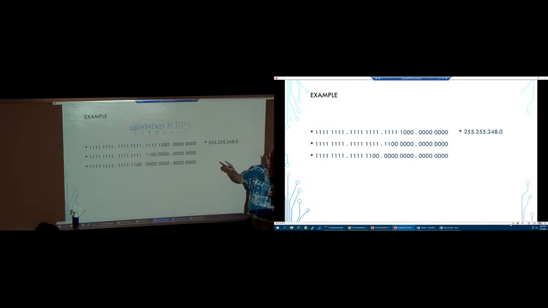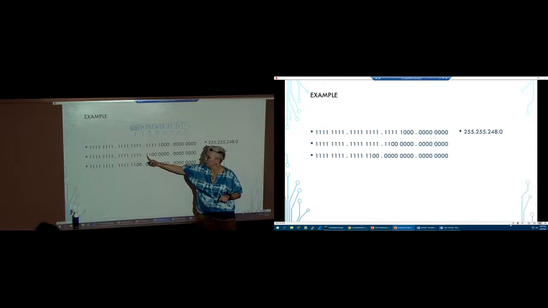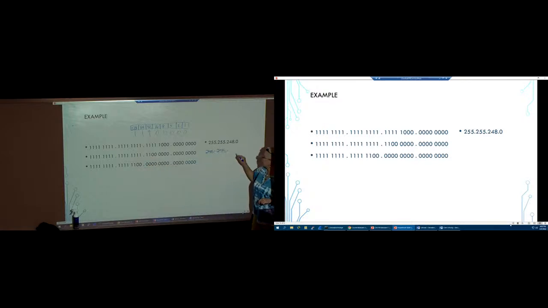We ready to look at this one? Okay, again, we know that first octet is going to be what? 255. And the second octet, 255. And then here I've got to add 128 plus 64, which is 192.0. Okay, let's do this one.